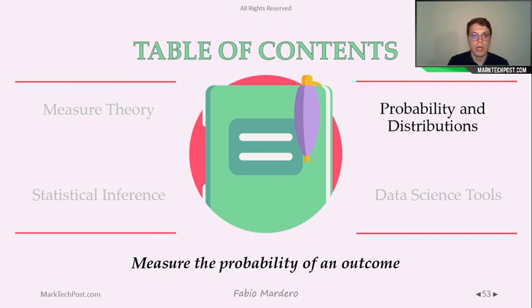Now we have defined a particular measure, which is the Lebesgue measure, and thanks to it we can use the Lebesgue integrals. Now we want to use the measure space, and as I mentioned previously, we want to leverage it to define probability and define distributions.